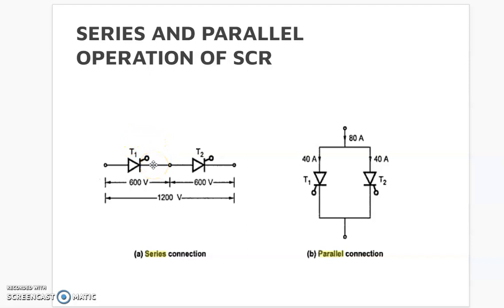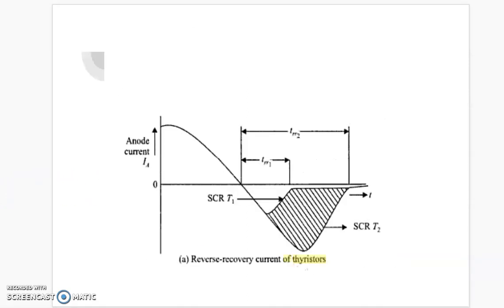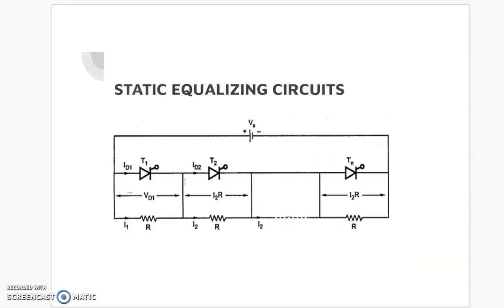So we need proper equalizing circuits, with which we try to nullify this difference in operation, that is, the difference in breakover voltage or the difference in reverse recovery characteristics. For that we use a static equalizing circuit.